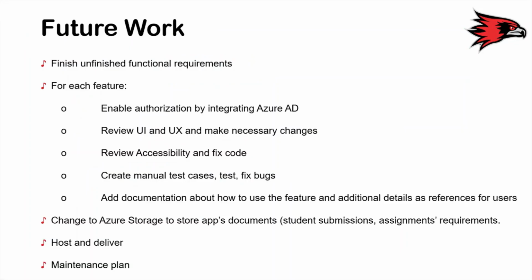The last thing I want to talk about is the future work. So for my future work, first I need to finish the unfinished functional requirements, as well as review the non-functional requirements. And for each of the features, I need to enable authorization.